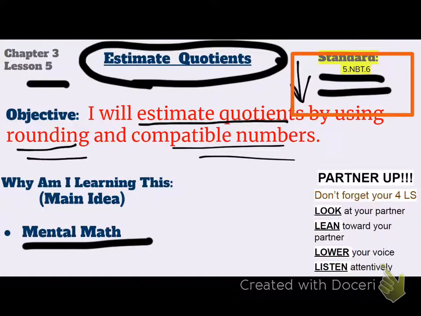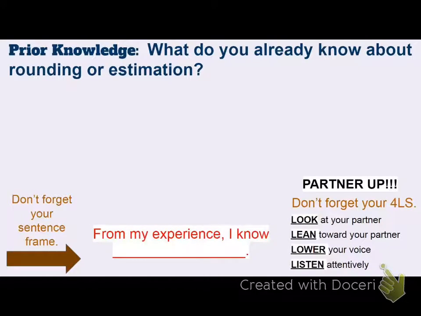All right, before we get into today's lesson, I want you to think about what you already know about rounding and estimation. Well, I know that rounding really helps me figure out a good estimate. If I'm solving a problem and I'm able to round or think about what the answer's close to, that helps me figure out if my answer is reasonable or correct.